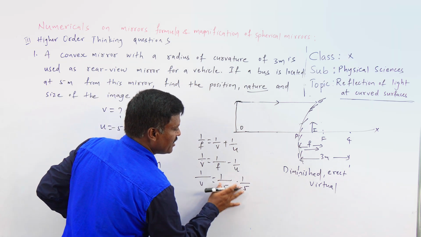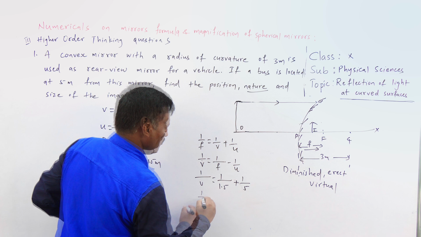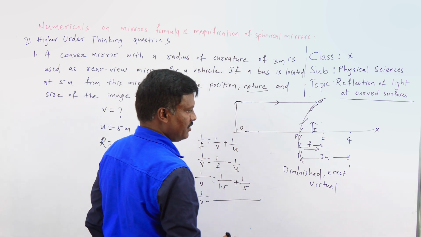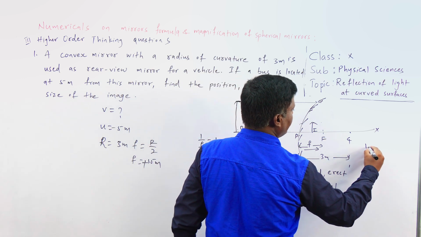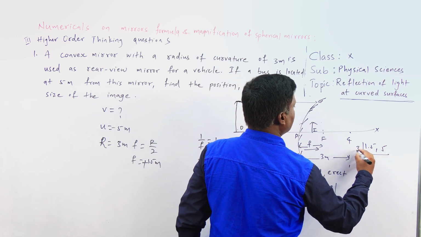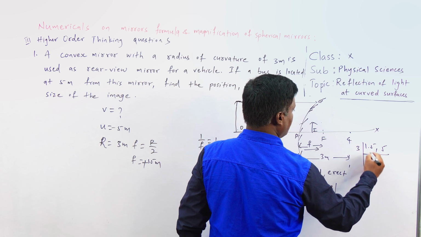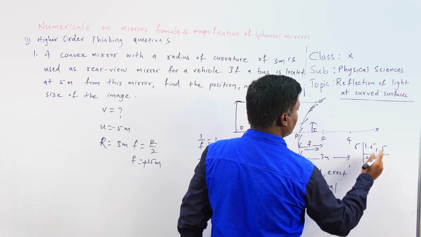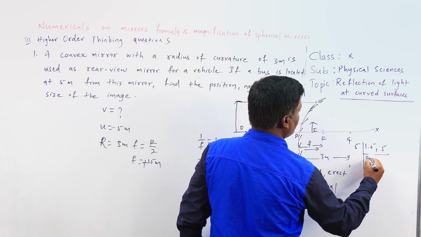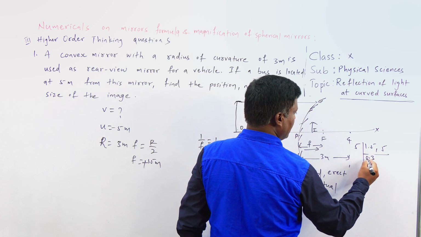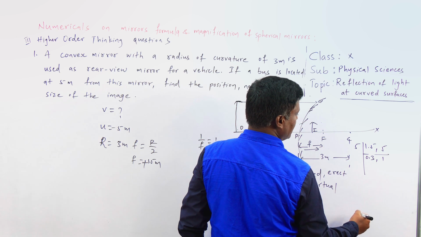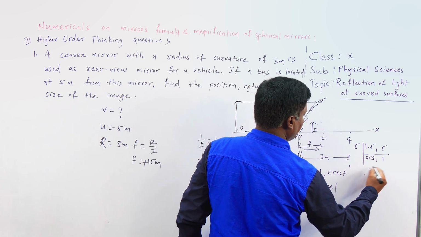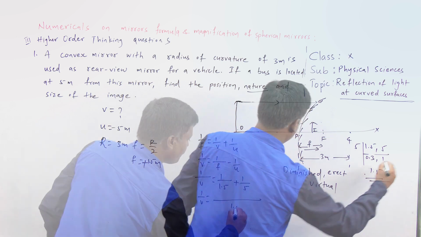So minus into minus is plus. 1 by v is equal to... what is the LCM of 1.5 and 5? If you go with 3 into 0.5, it is 1.5, or if you go with 5 into 0.3, it is 1.5. So 1.5 is the LCM.